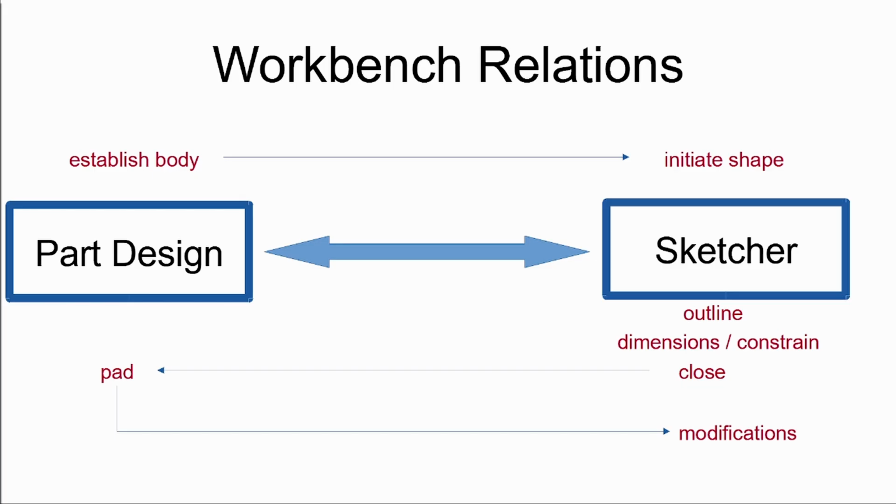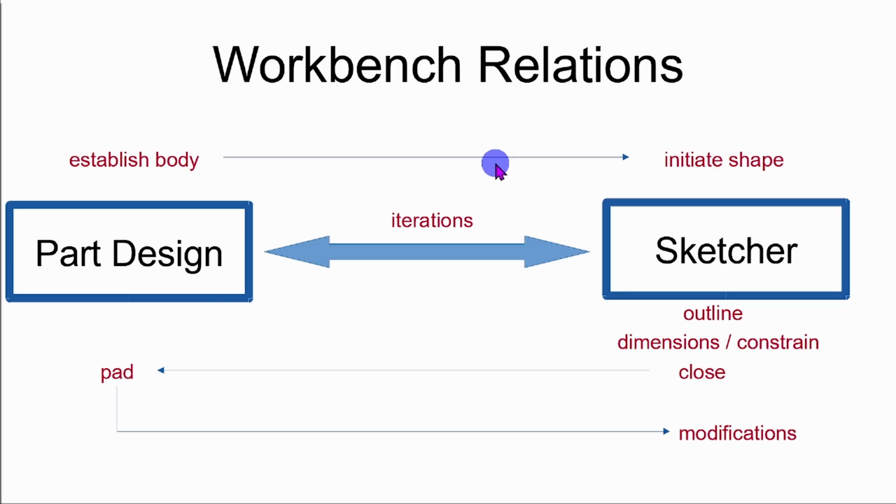So if you're satisfied with that part the way it is, then fine, you don't need to do anything else. But most of the time you'll be going back to the Sketcher and doing other modifications to it. So those are the iterations of your design.